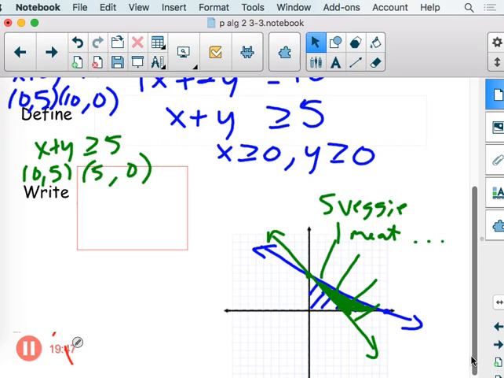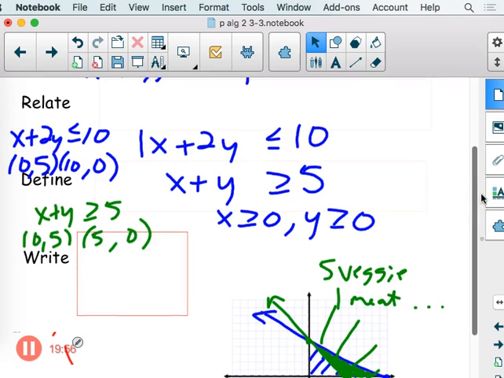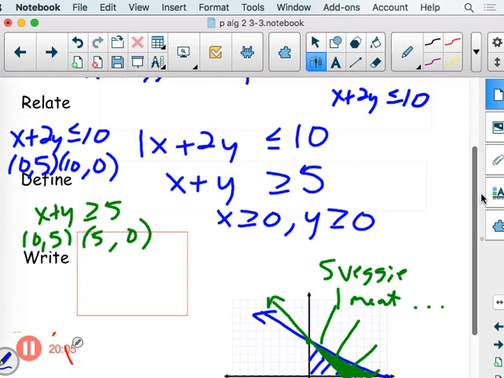Oh, there you are. All right. First off, we can't put anything into our calculator that's not solved for y. So we are going to have to solve these for y. So the top one was x plus 2y is less than or equal to 10. How do we get y alone?